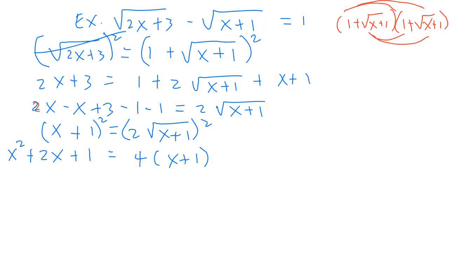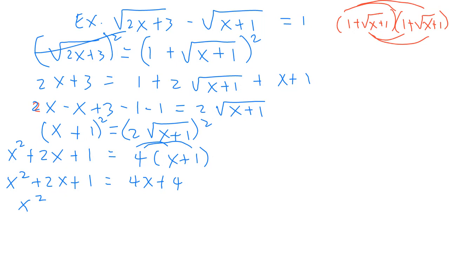And then simplifying, on the right side, I'll get 4x plus 4 by multiplying. 4 times x is 4x. 4 times 1 is 4. And then copy all the terms on the left side. And then we'll combine like terms.